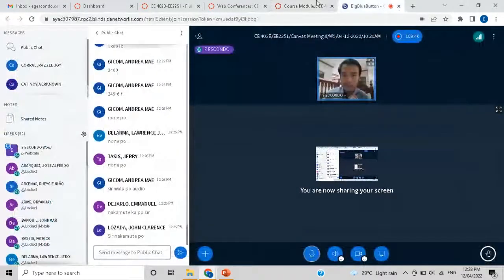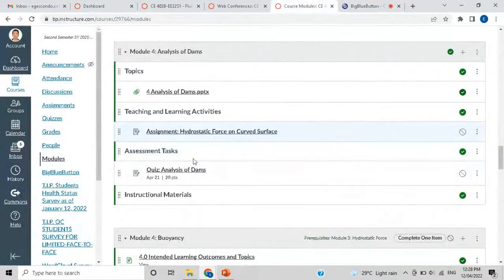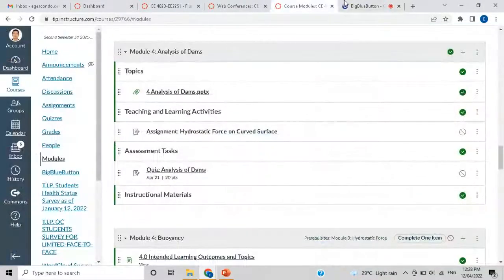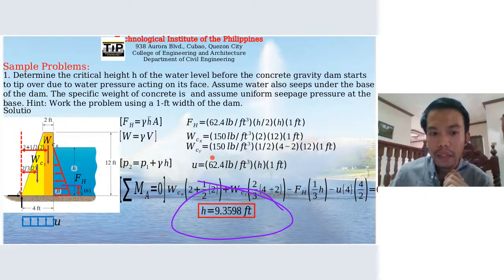So those are our asynchronous activities. And then we have no class, of course, on Thursday and Saturday. So our next meeting is on Tuesday next week. Okay, probably that will be our last meeting.